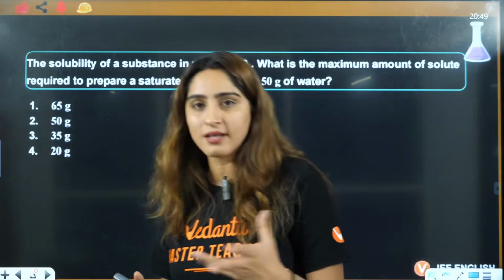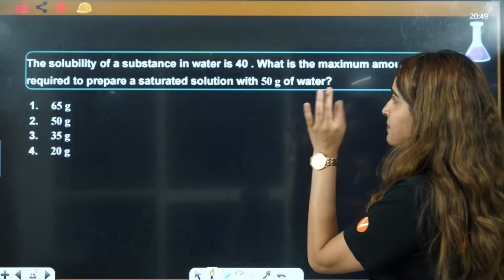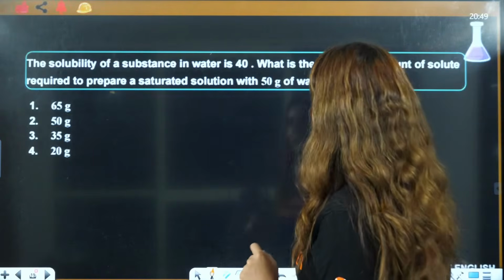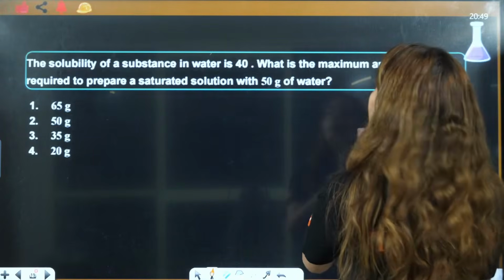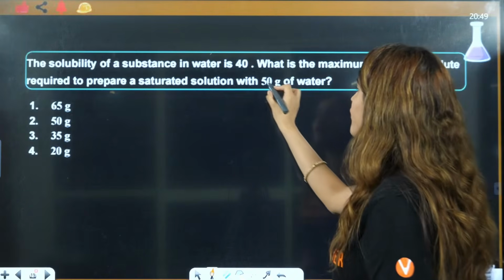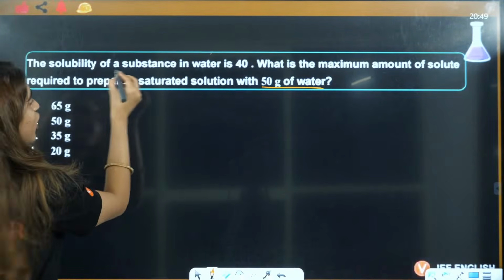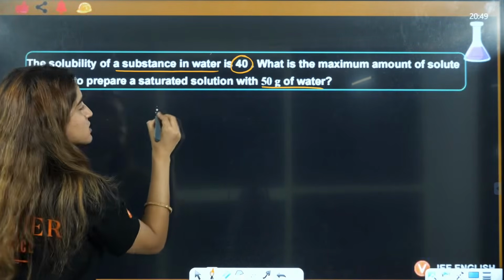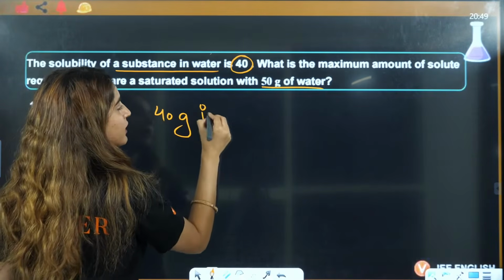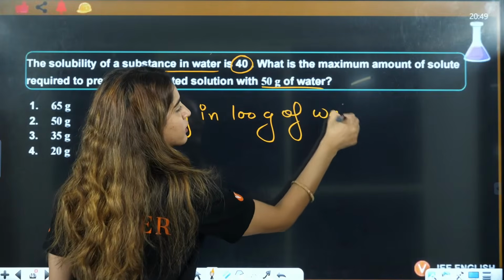That's the reason. So next: the solubility of a substance in water is 40. What is the maximum amount of solute required to prepare a saturated solution in 50 gram of water? See, solubility 40 means 40 gram in 100 gram of water.